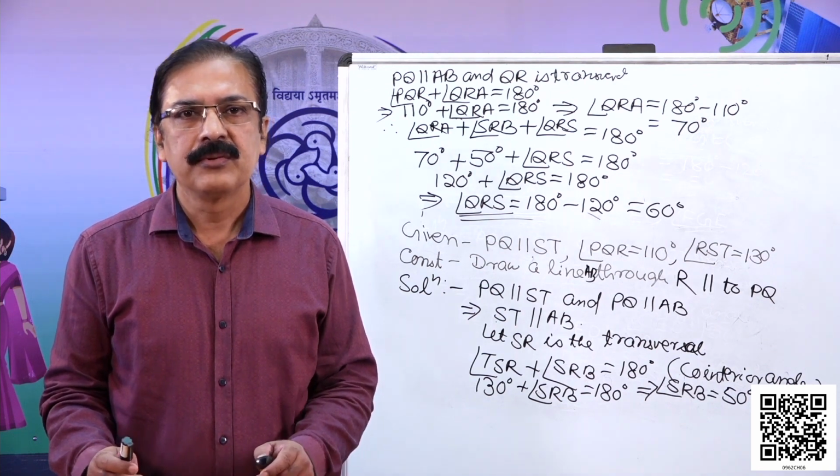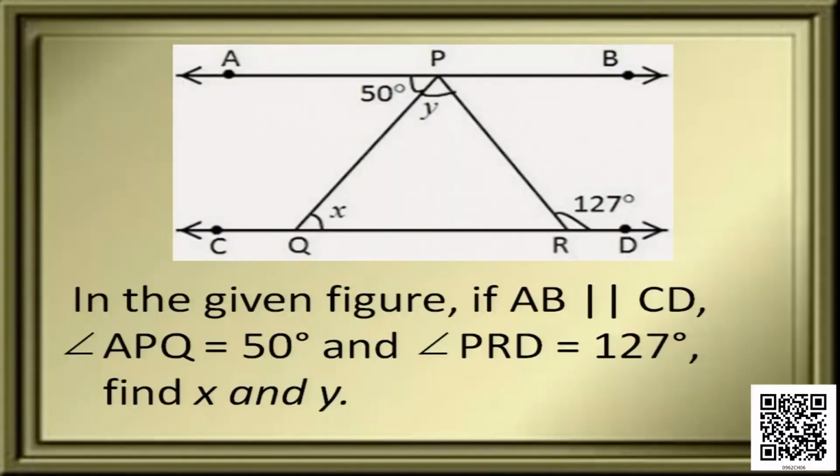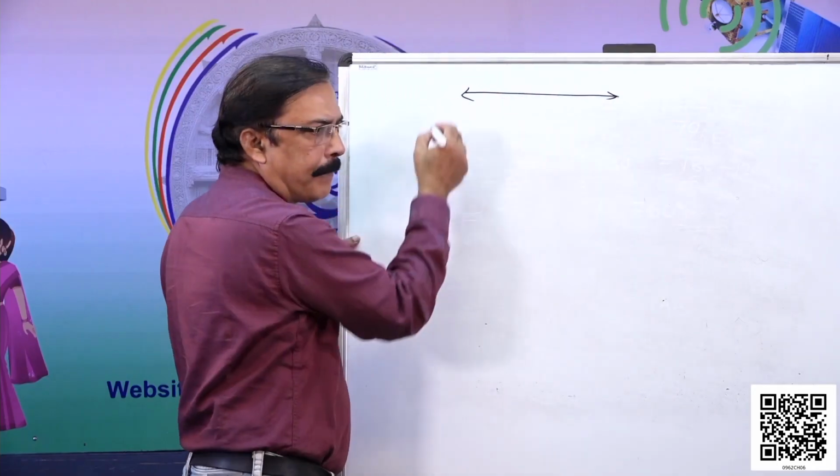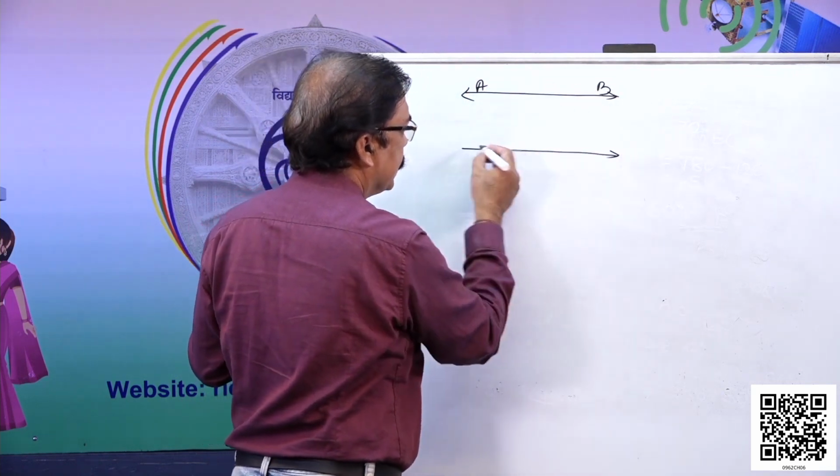Let's have a look at another question. Here the question is like this: AB is parallel to CD in this figure and angle APQ is equal to 50 degree and angle PRD is equal to 127 degree. Find the value of X and Y. Now see, in this figure AB and CD are two parallel lines.